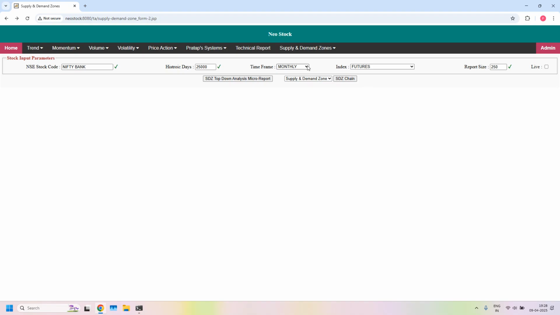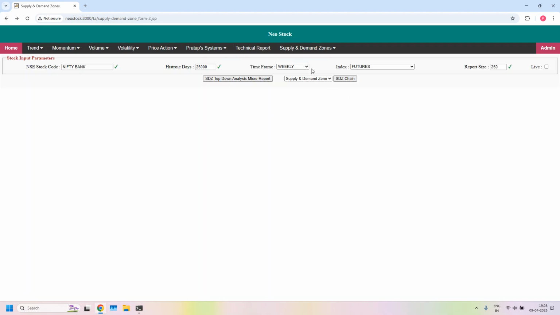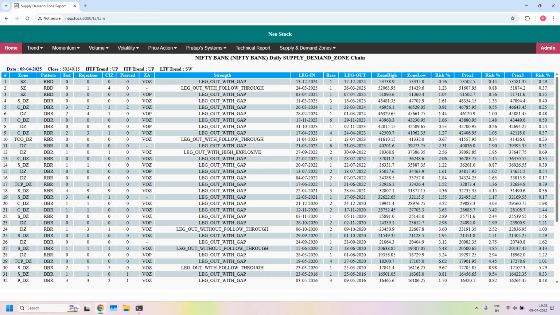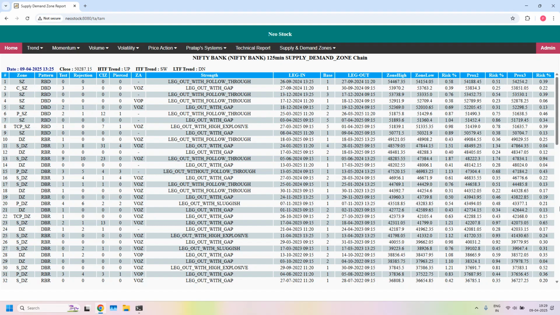Next, the weekly supply demand zone chain for Bank Nifty. Next, the daily supply demand zone chain for Bank Nifty. Next, the 125 minutes supply demand zone chain for Bank Nifty.